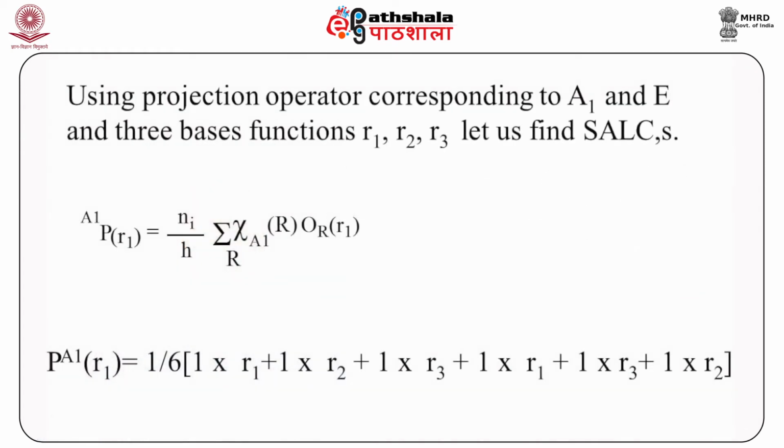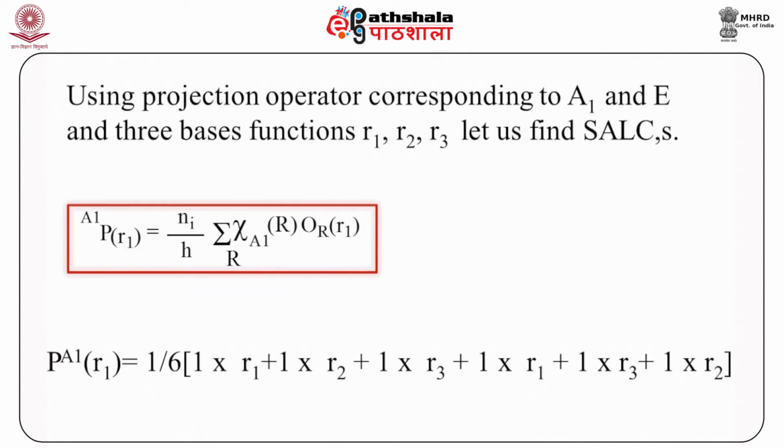Using projection operators corresponding to A1 and E, we operate on the three base functions R1, R2 and R3. Now, let us make use of the projection operator corresponding to A1 operating on function R1, that is given by P A1 R1 equals l upon h summation of chi of R times R operating on R1.